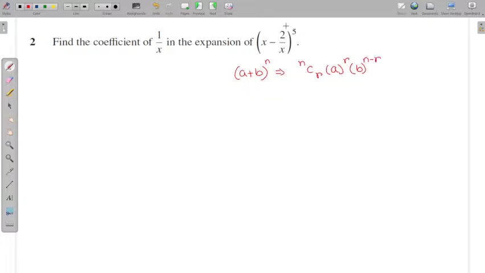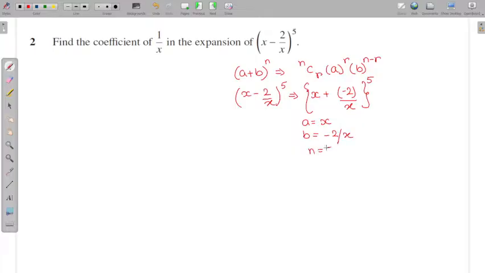So see this expression, which is x minus 2 by x to the power of 5, can be written as x plus of minus 2 by x whole to the power of 5. So if we compare this with this form, a is equal to x, b is equal to minus 2 over x, and n is equal to 5.